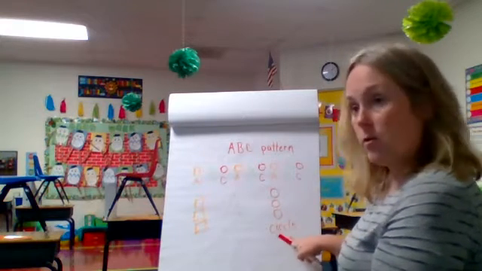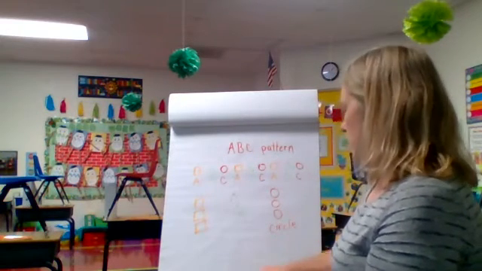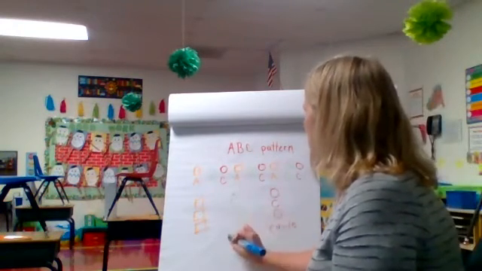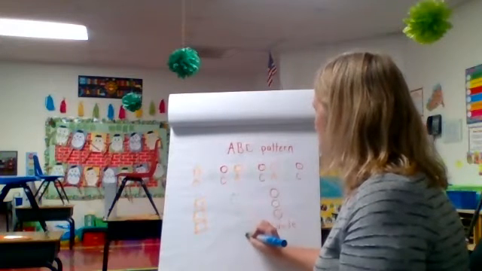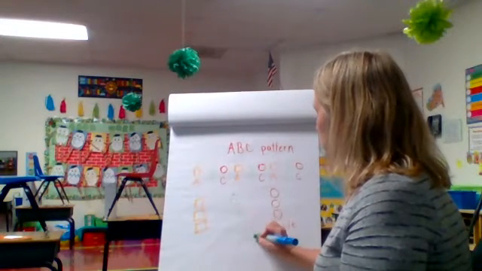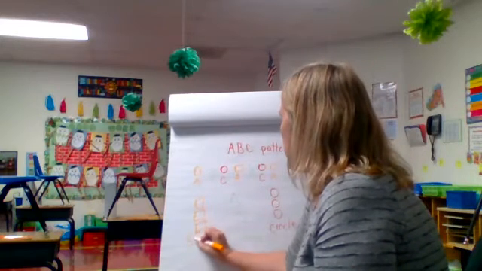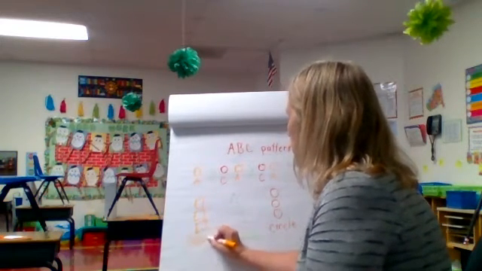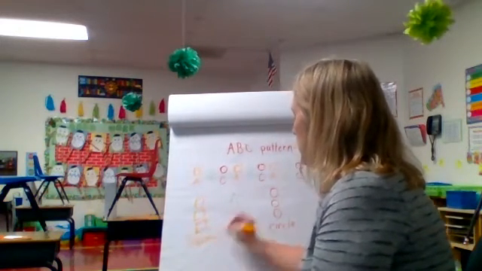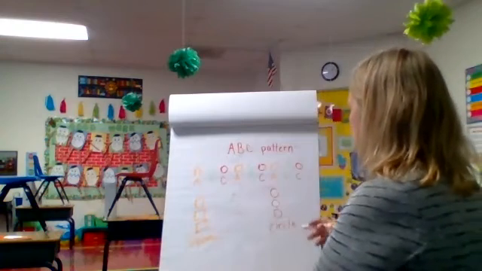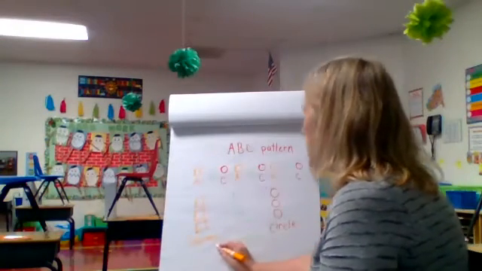I put all the circles together. I put all the triangles together. And I put all the squares together. So sorting means to put things into a group.